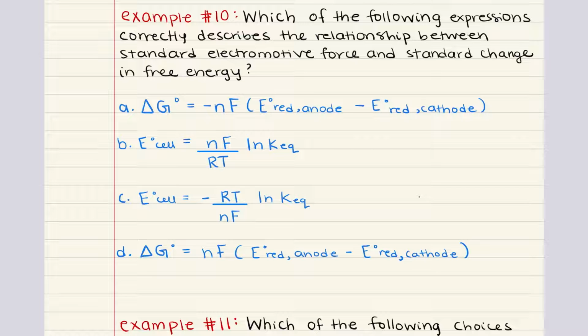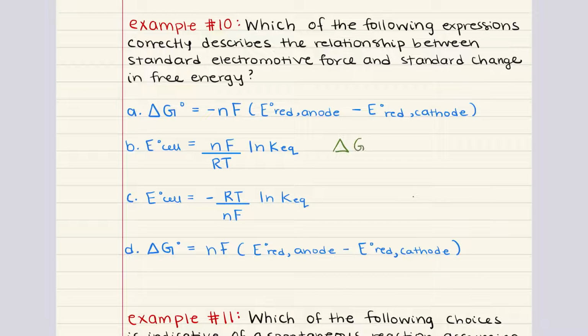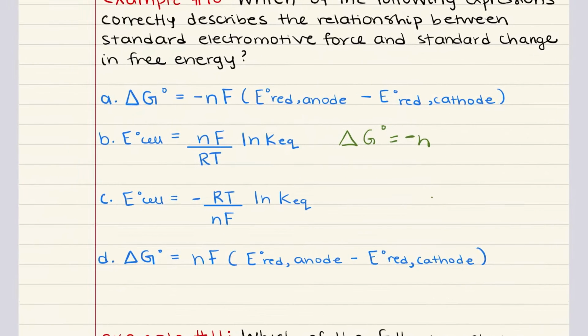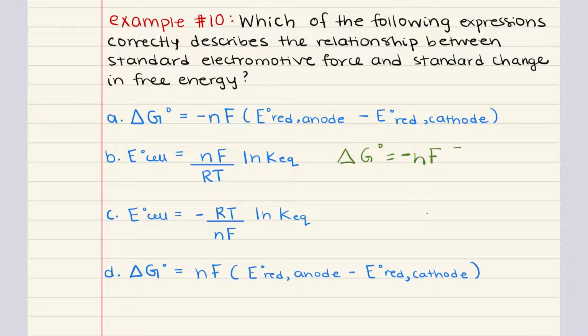The first one says that the standard change in Gibbs free energy is equal to minus n, where n is the number of moles of electrons exchanged, multiplied by F, which is Faraday's constant, multiplied by the standard EMF of the cell. Now, the EMF of a reaction is determined by calculating the difference in reduction potentials between the two half cells. So it can be written in the following manner, where we have the cathode minus the anode.